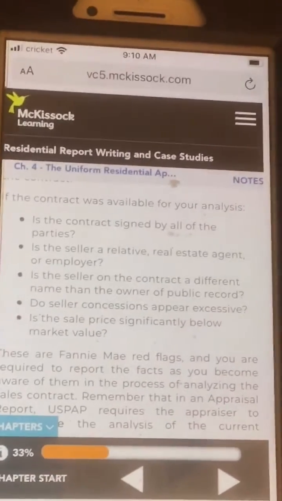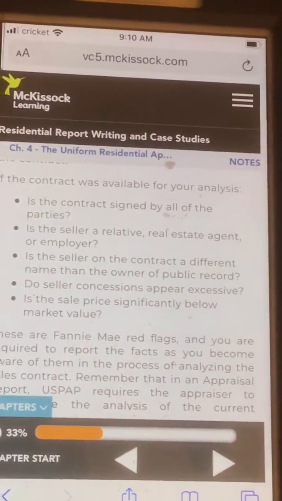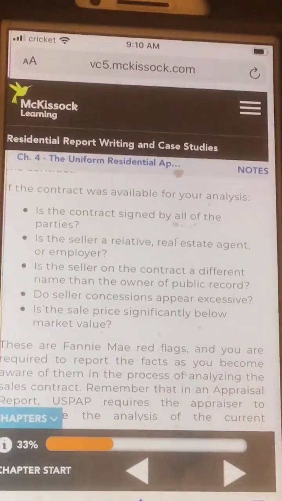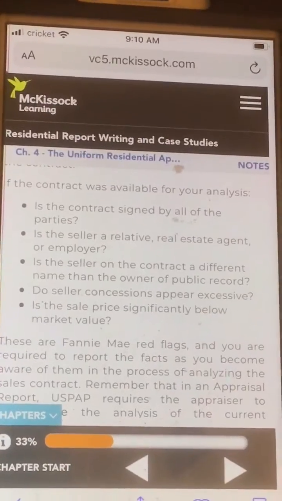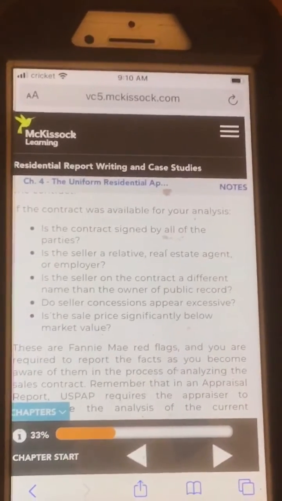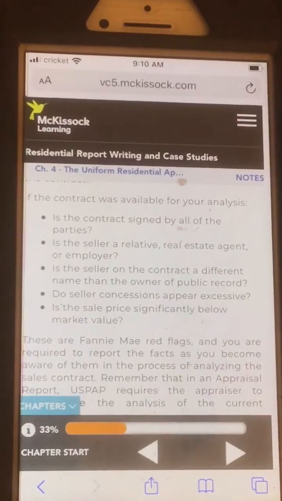If the contract was available for your analysis, is the contract signed by all of the parties? Is the seller a relative, real estate agent, or employer? Is the seller on the contract a different name than the owner of public record?